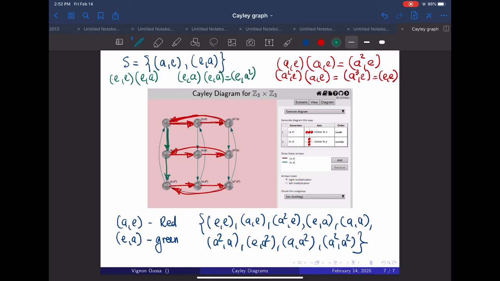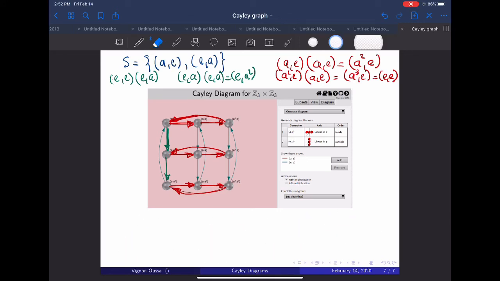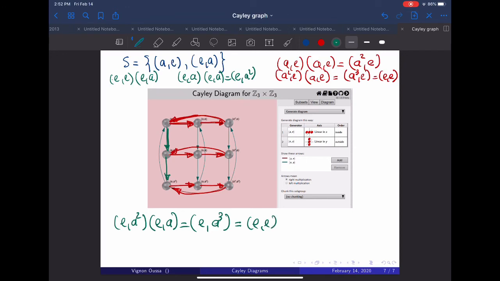And now, if we take EA square times EA, we get EA cube, but A cube is E. So we are back here.